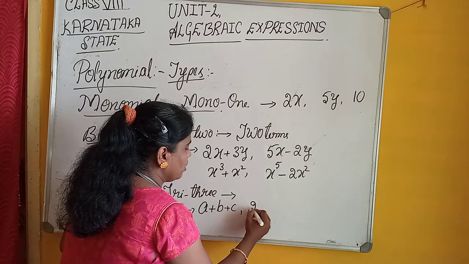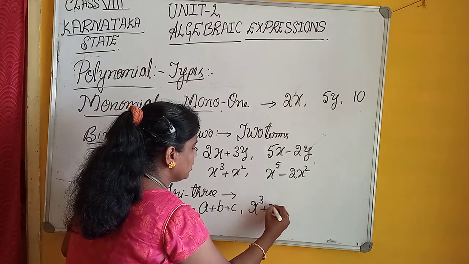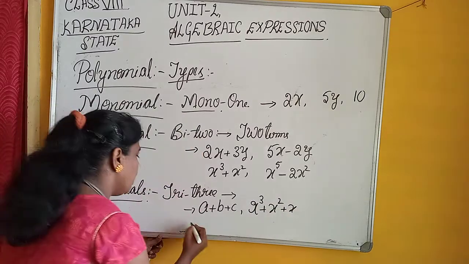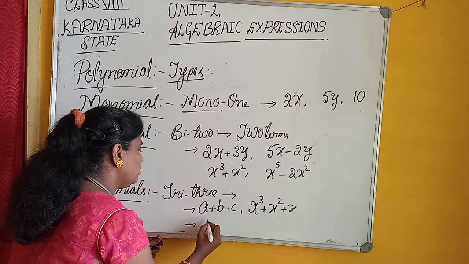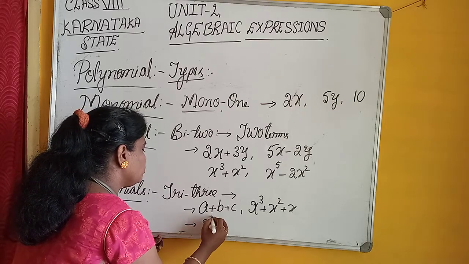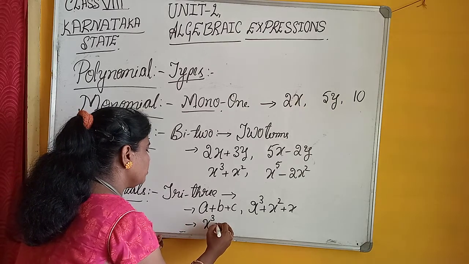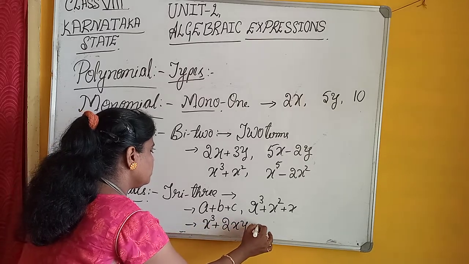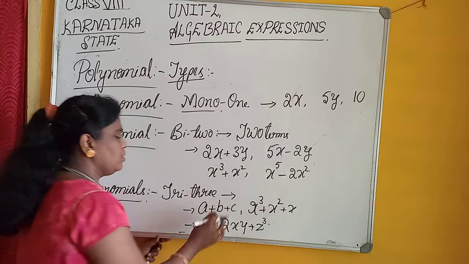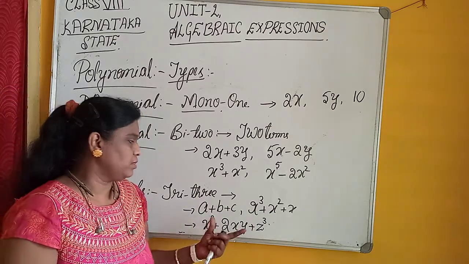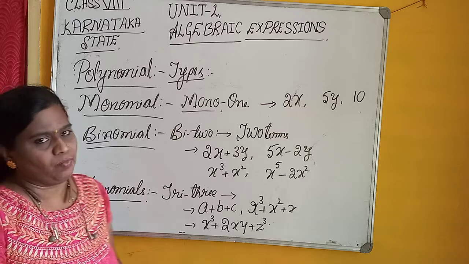That is x cube plus x square plus x. It consists of three terms. And next one is x cube plus 2x square plus z cube. Any polynomial which has three terms is called a trinomial.